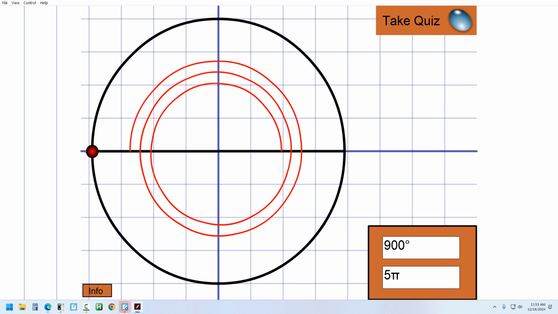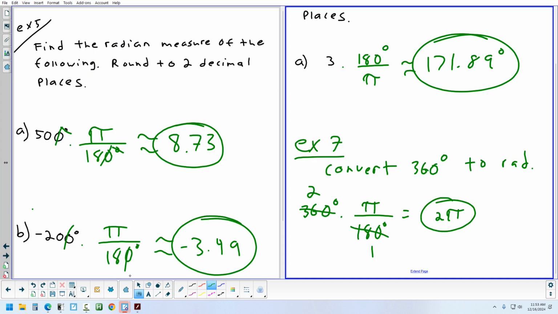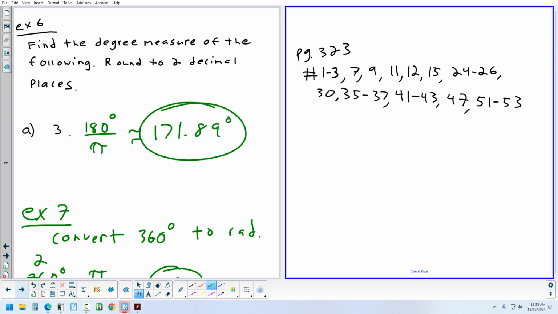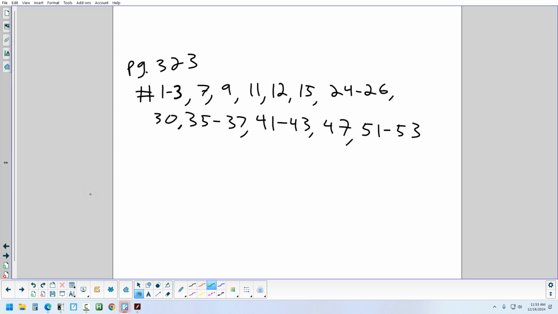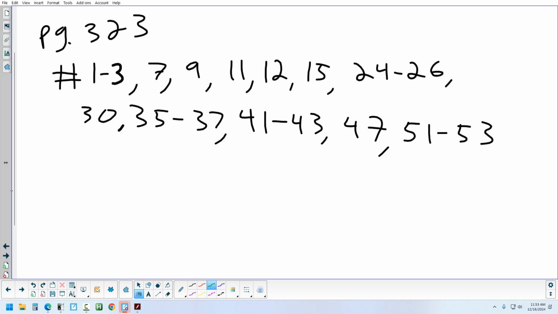All right. So any questions on converting? Well, everything we did. Converting degrees and radians is the most important, but then also stuff about angles. So the homework, we did lots of little things.